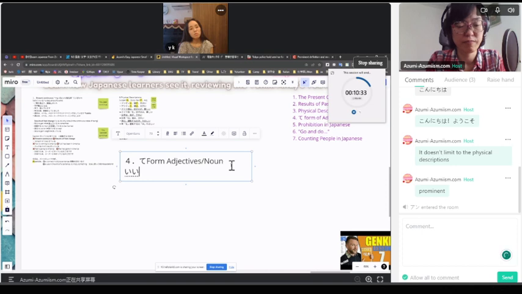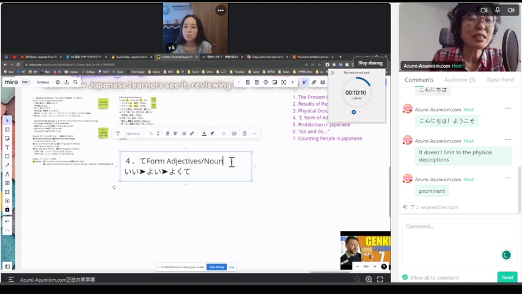In conversation, and nowadays even not just conversation because it's so common, it's often just written as ii, but the original word is yoi, and that's why all conjugations of the adjective ii start with yo, like yokatta and yokute. So it's not actually いい, it's 良い, 良くて. So adjectives also can make te form. That's this section's key point.